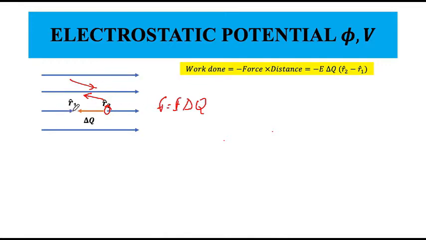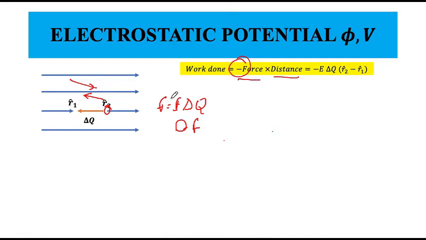I have a block, I move it a distance d, and I apply a force F. Then the work is force times distance, and I will add a negative sign here just to indicate that this work is done against the field, since I have to move this charge from R2 to R1.